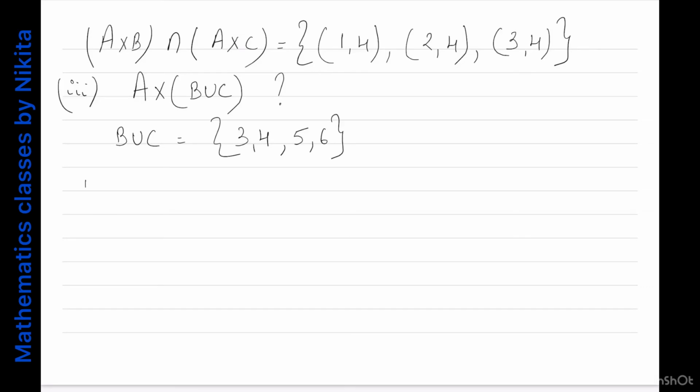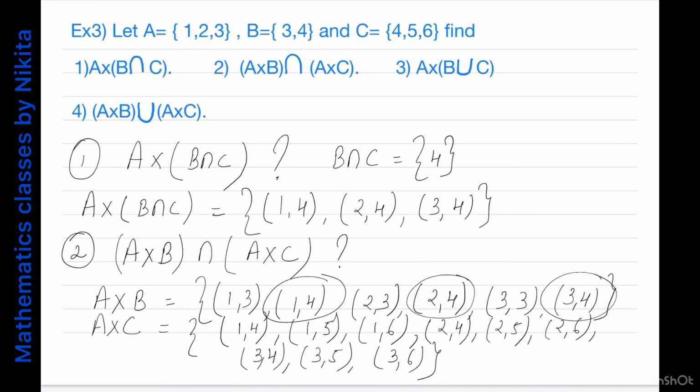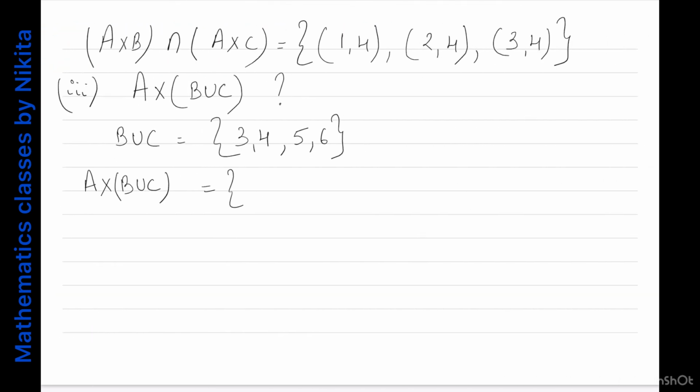Now let's take the Cartesian product A cross B union C. Set A is 1, 2, 3.